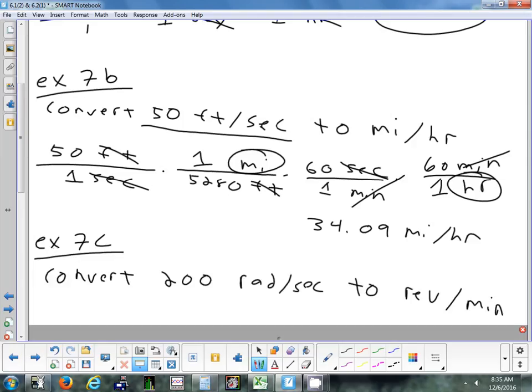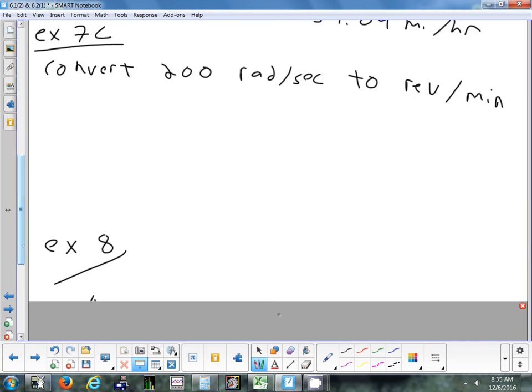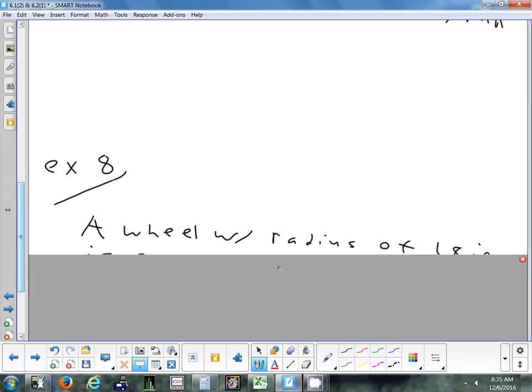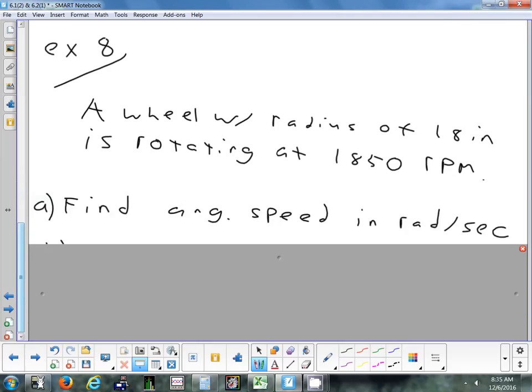All right, so the last one we're going to do, and you know what, I think let's just go right to 7D, or example 8, is going to involve converting between an angular speed and a linear speed. So this one has 2 parts. They want me to convert RPMs, which is what I'm given, into radians per second.